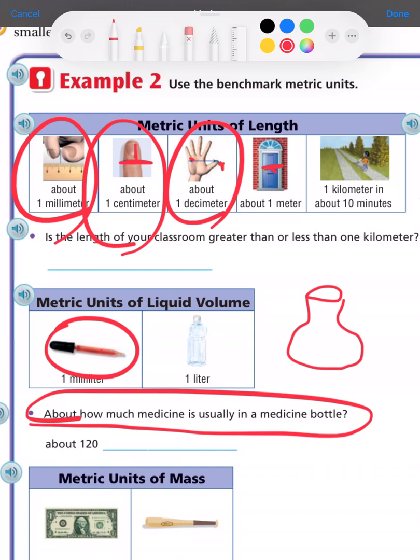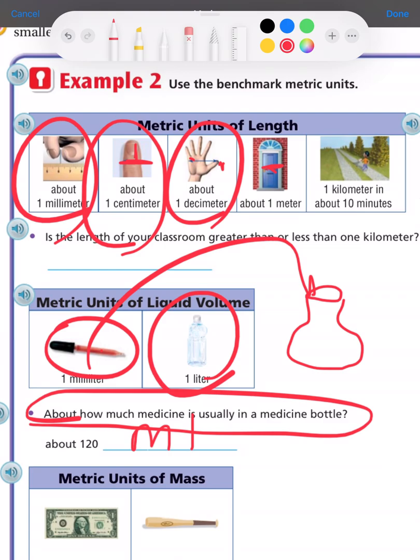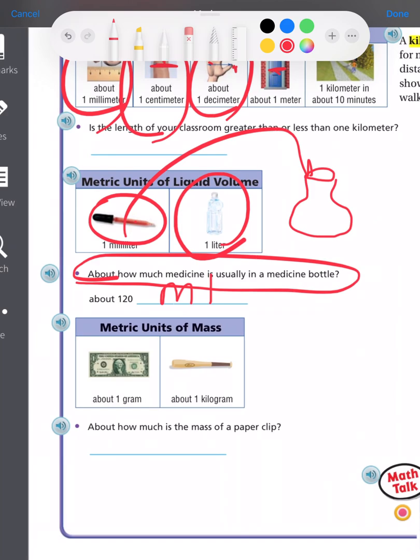That pink liquid that tastes like bubble gum. Usually it has one of these in there so that you can take the dosage. But a liter of that medicine would be a lot. So it would be about 120 milliliters. 120 liters of that stuff? No, thank you. I remember that stuff being gross.